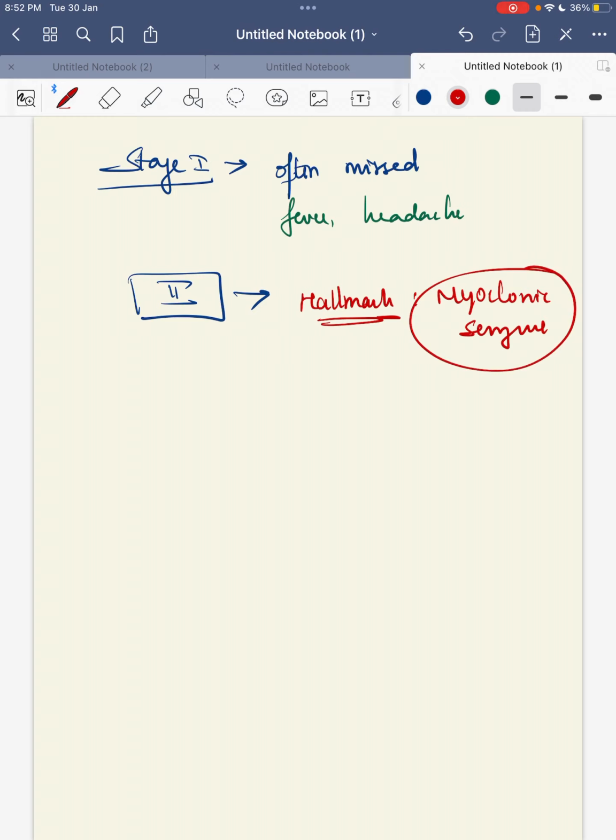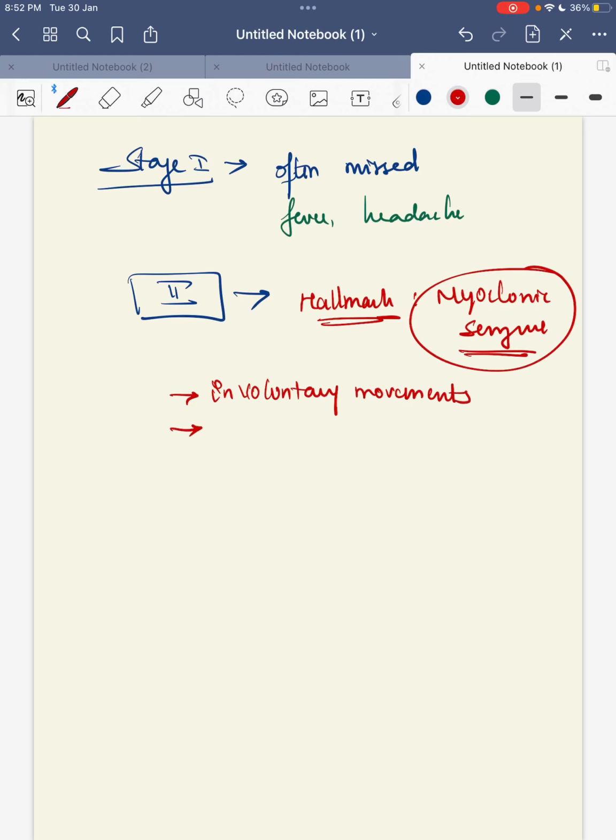The patient will get myoclonic epilepsy. I have seen a child with SSPE in our ward. The child will present with myoclonic seizures, that is, the child will have jerks and fall suddenly. So myoclonic seizure is the hallmark, and the patient will have involuntary movements.